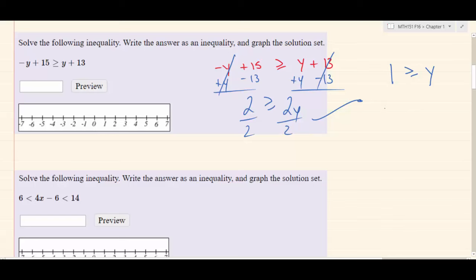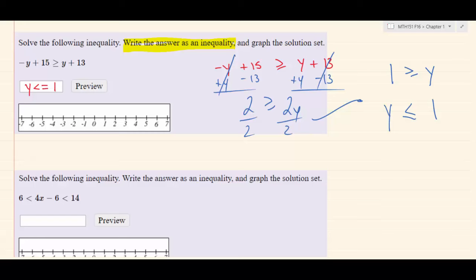When you flip this around, you get y is less than or equal to 1. This is how you write less than or equal to: you do the less than symbol, then the equal symbol, and then the number 1. That's how the computer system recognizes it, because there's no less than or equal to symbol on your keyboard.